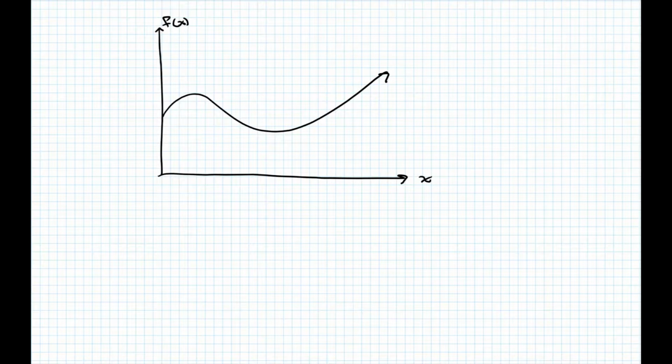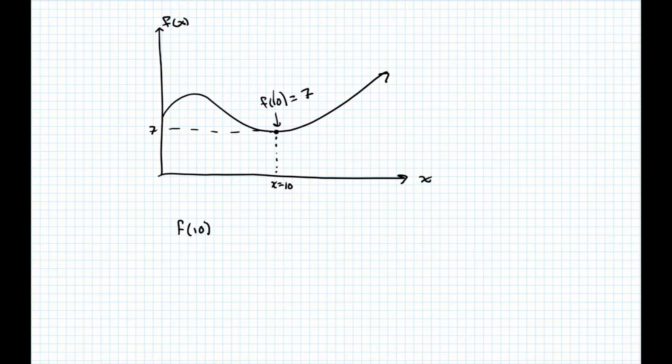If we take a snapshot, a picture in time, using our discrete math, we would say that this is where x equals 10, and this is f of 10. Let's say f of 10 equals 7 at this time.